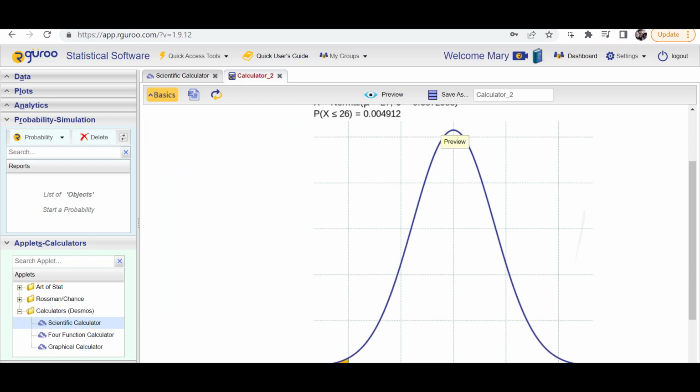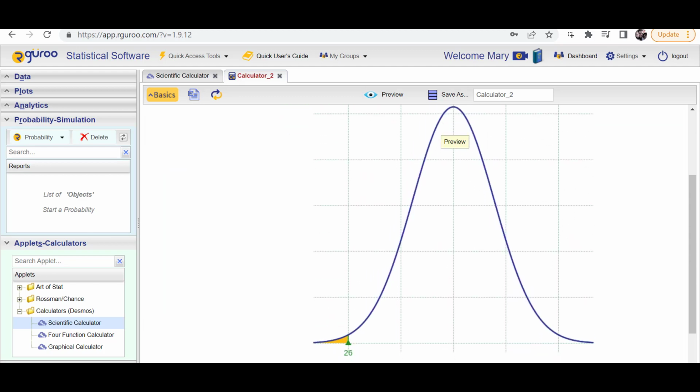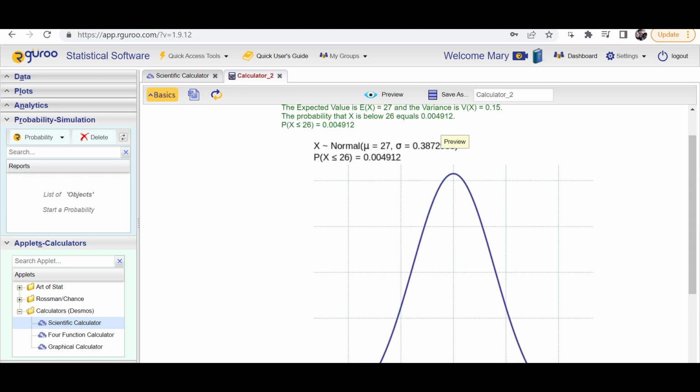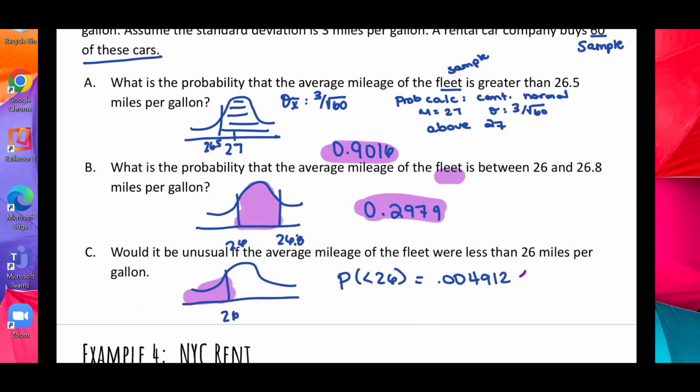Below 26 would be 0.0491, which is less than 0.05, so it would be unusual.